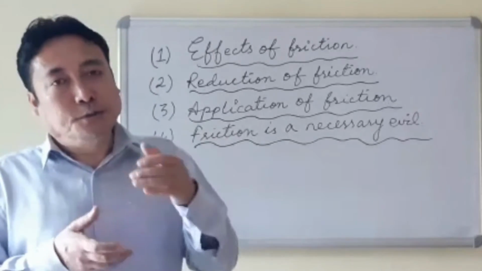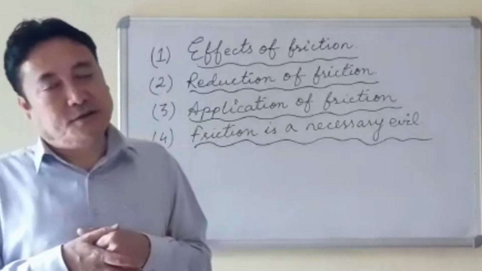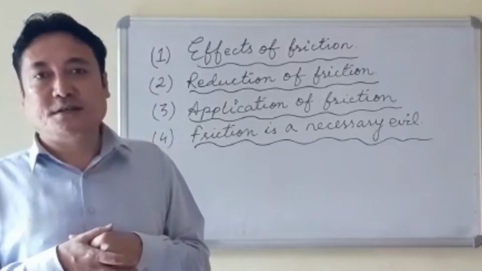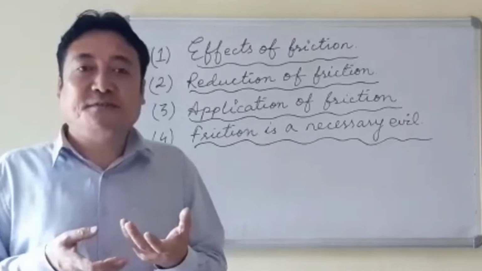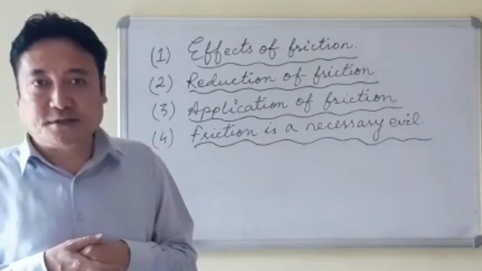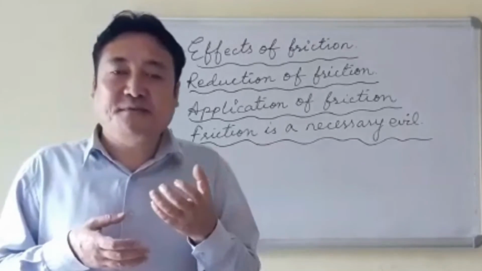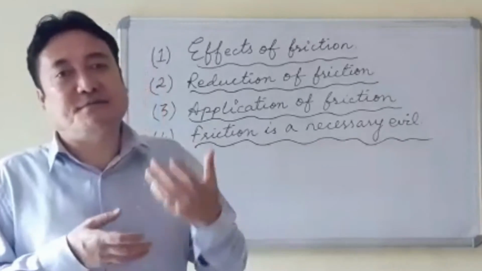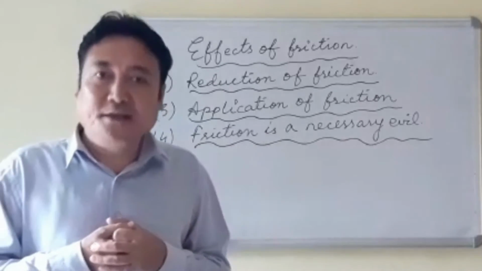It generates heat energy, and the life of the machines will get reduced. That means because of the heat generated in the machine, the lifespan of the machine will be reduced. You have to replace it with a new machine, so there is a loss of money also.